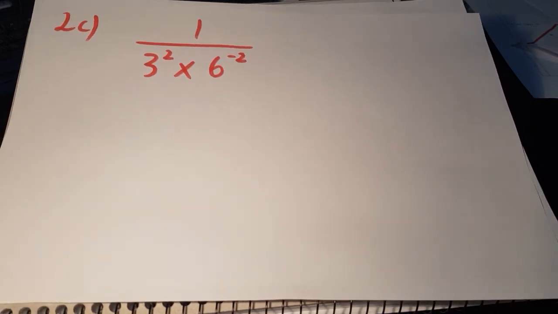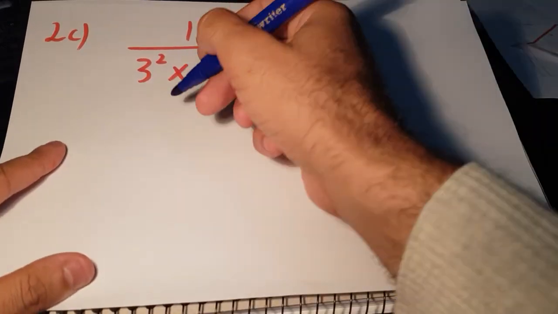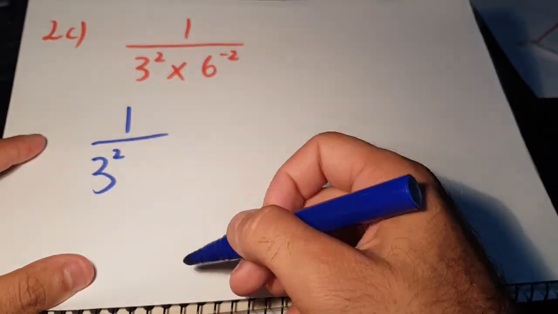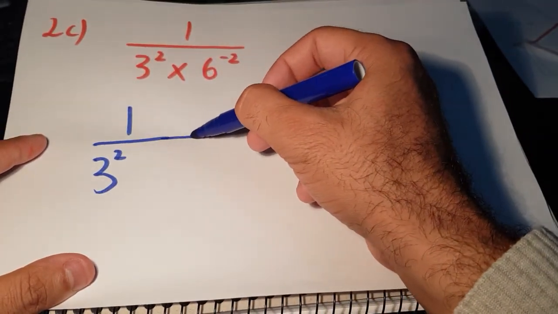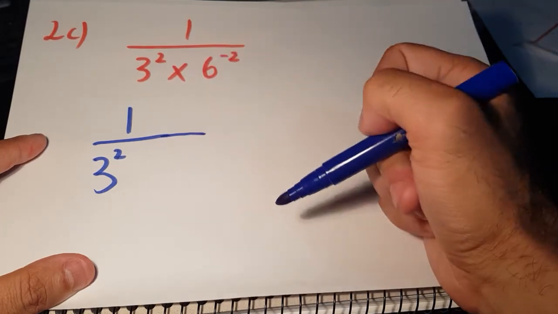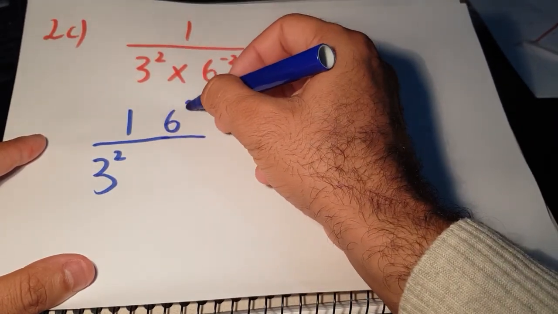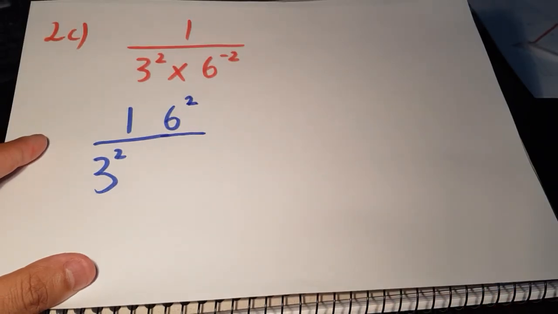So let's convert all of the powers to a positive. So let's do 1 over, let's keep this as 3 to the power of 2. But because this needs to be converted into a positive, I'm going to bring it to the top and change the power to a positive.